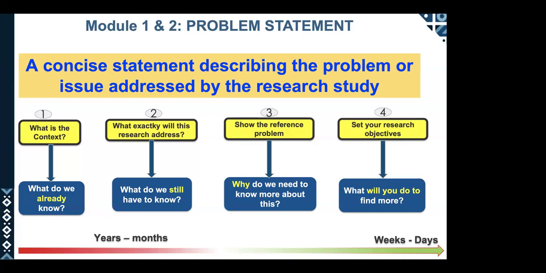That is, why do we need to know more about this? And so what? We are going to conduct this research, and then what? And of course, to conduct the research, we need to set research objectives. That is, what will we do to find more about this information? So today's topic is going to focus on research objectives and aims.